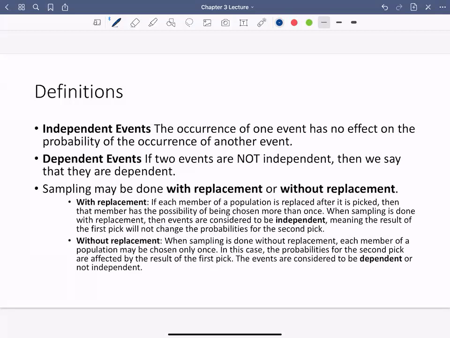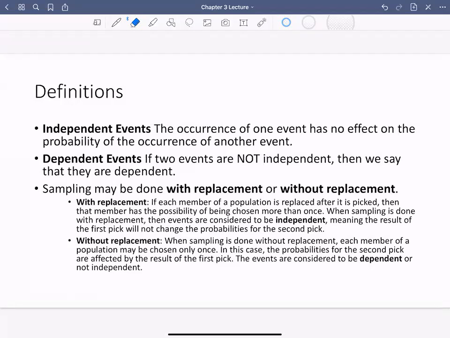The next thing we talk about is different types of sampling: with replacement or without. With replacement means that after we pick it, we put it back in the population, and then it's considered independent. Say I have 3 colored cards, one blue, one yellow, and one red, in a hat, and I pull out a card and it's blue.